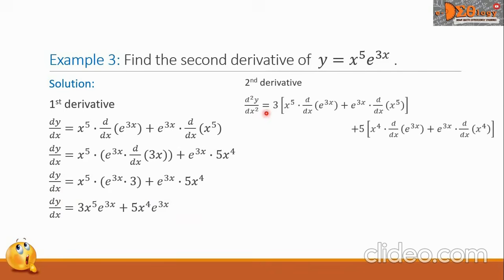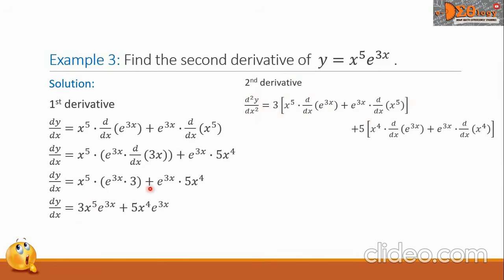So we'll have d square y all over dx square is equal to the constant 3 outside times the quantity x raised to 5 times derivative of e raised to 3x plus e raised to 3x times derivative of x raised to 5. So this is for the first group here.